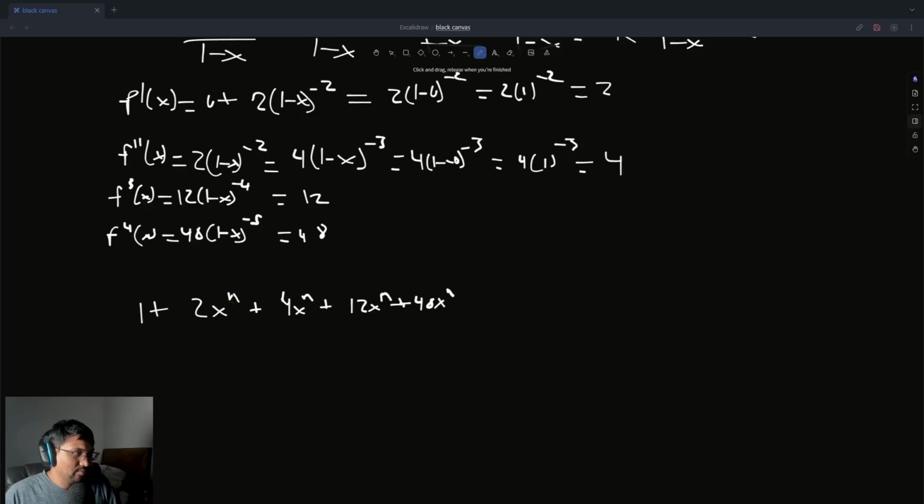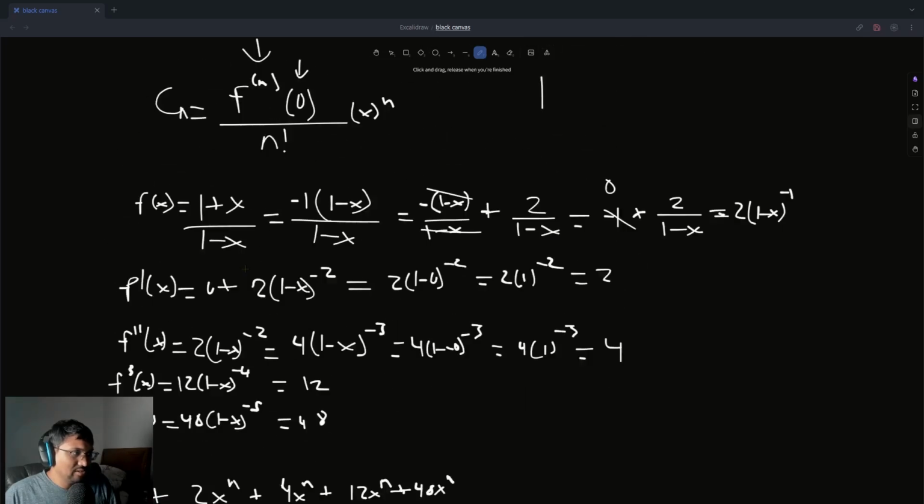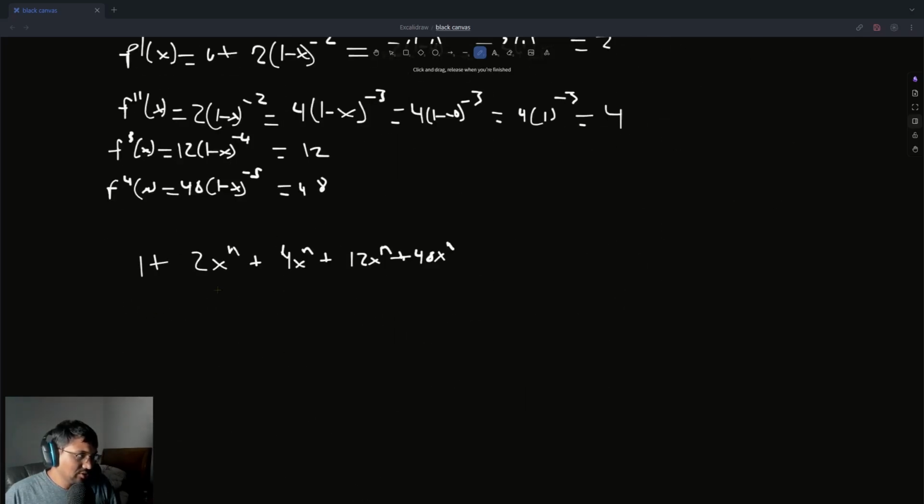And are we done? Nope, we're not, because we still have to do our factorial here. So now let's just go ahead and add that. 1 over 0 factorial, over 1 factorial, over 2 factorial, over 3 factorial, over 4 factorial, right?